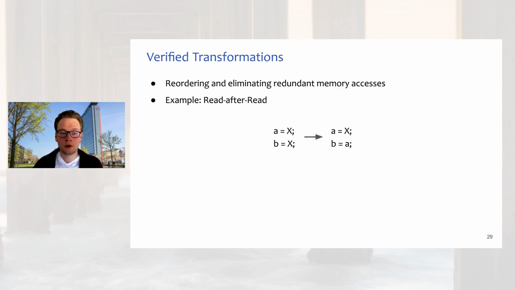Additionally, I have proved some transformations for you. While I won't bore you with the details, I will show you an example. This is a read after read elimination. When you have two subsequent memory reads from the same memory location, you can eliminate the second and reuse the previously read value.